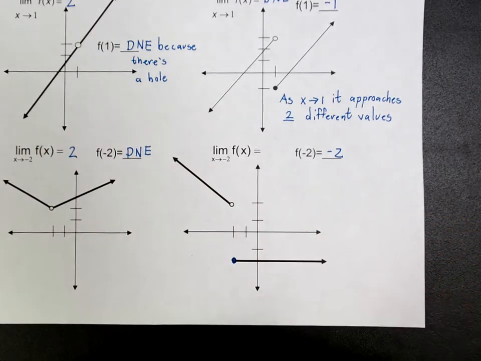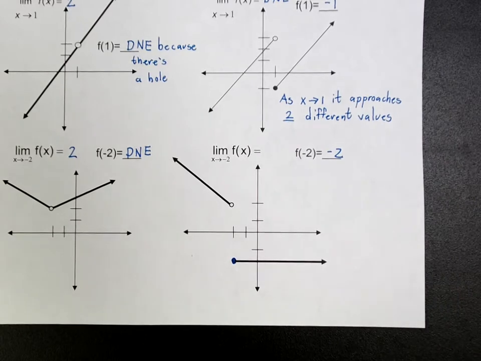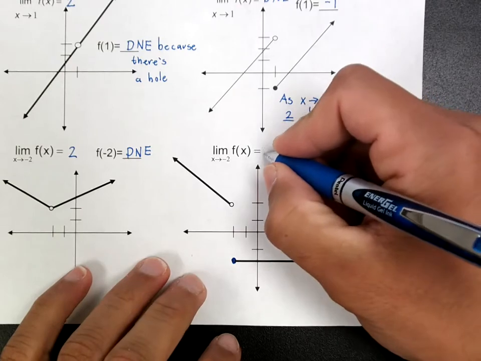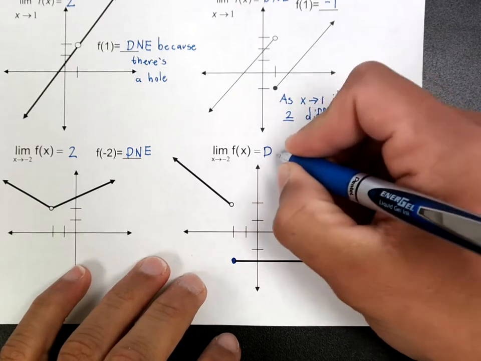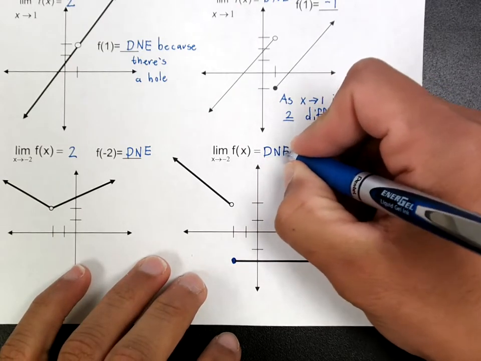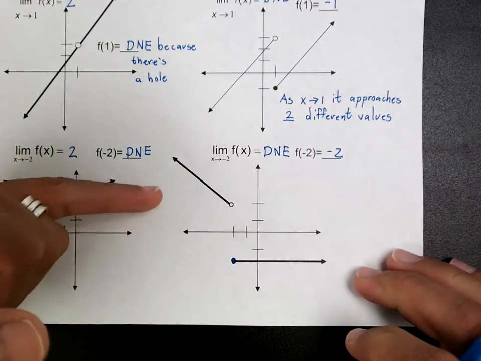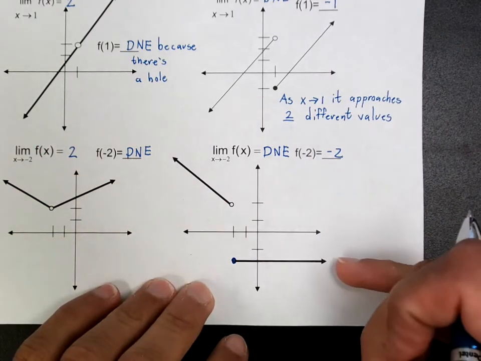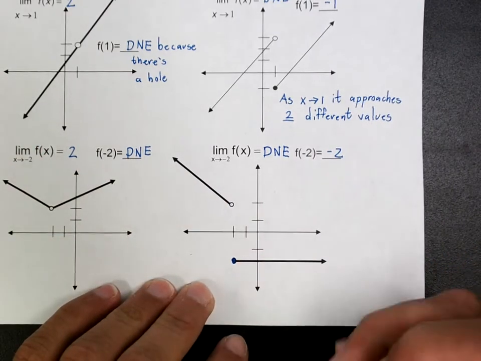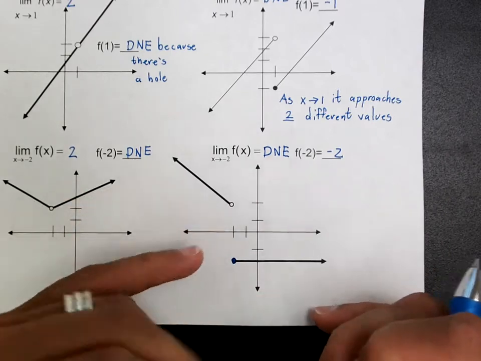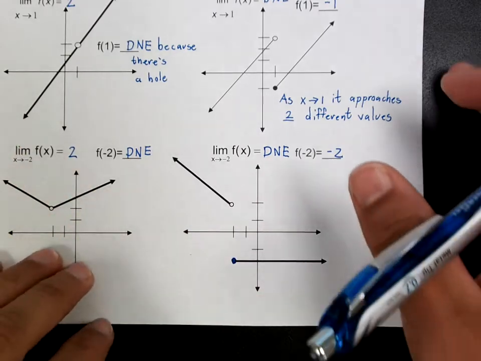Because I'm approaching 2 different values from the left and from the right, this does not exist. So just like the one above, as I get closer and closer to those values, they're different. So the limit does not exist.